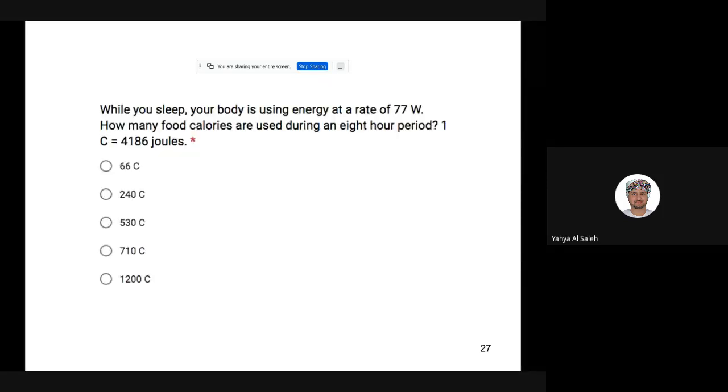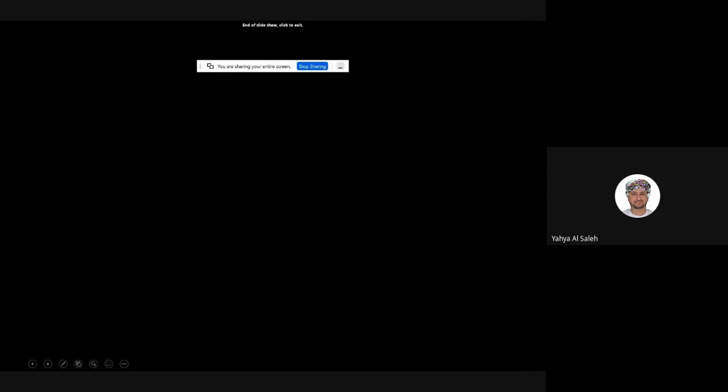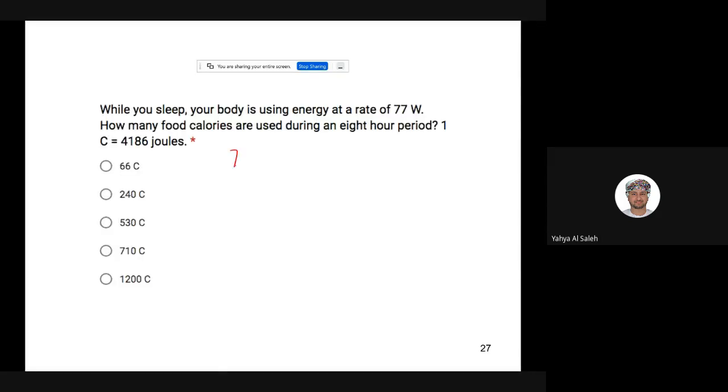We're using energy at a rate of 77 watts, which is 77 joules per second, which means for an 8-hour period, I have 3,600 seconds in each hour, 77 joules per second, each second I am using.